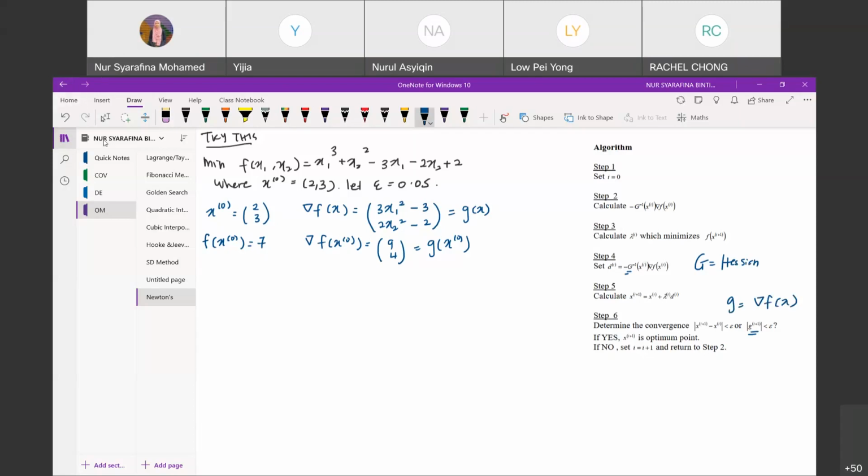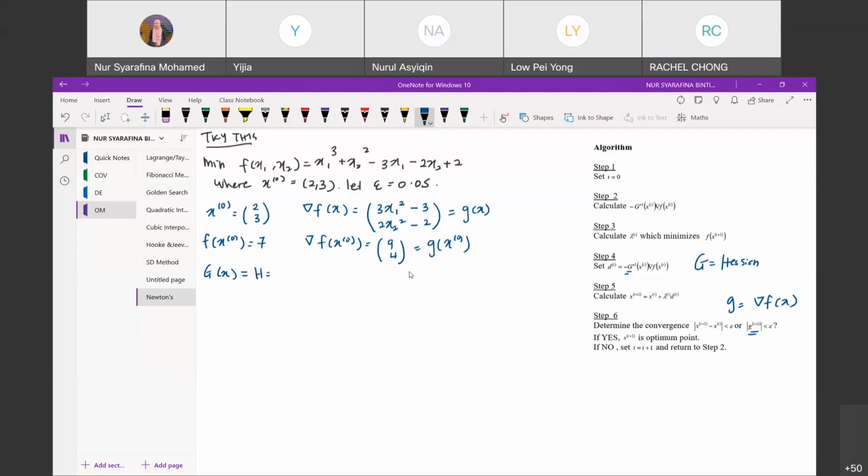So next, what is our next step from here? What do we want to find? Yes, our Hessian matrix. What is your Hessian matrix here? The general form first, so that it's going to be easy for us to use in the next iteration. So G(x) is given by the Hessian here.